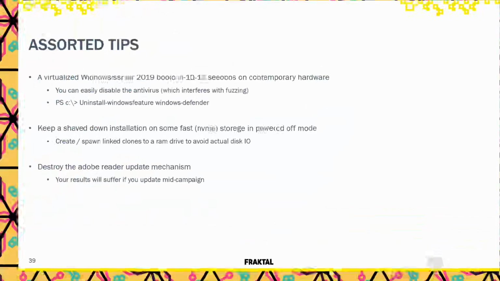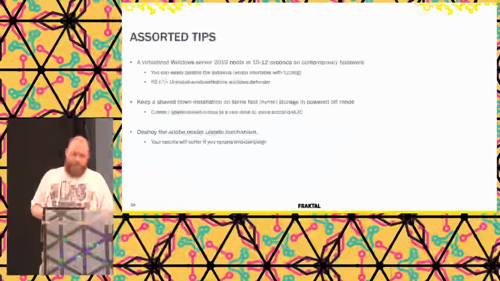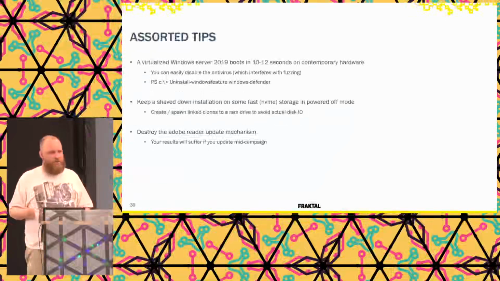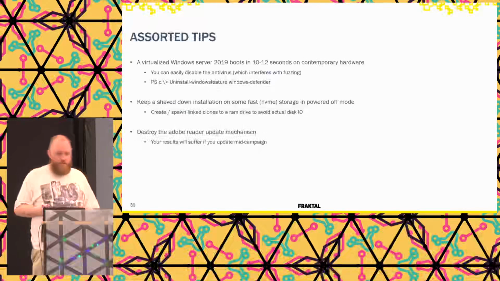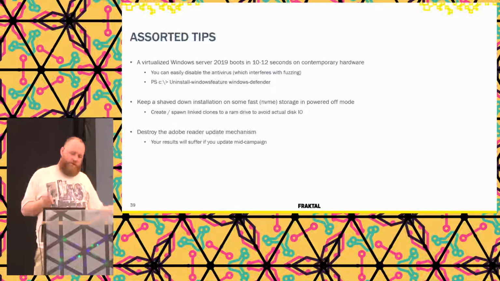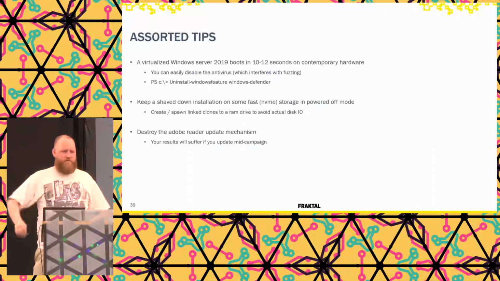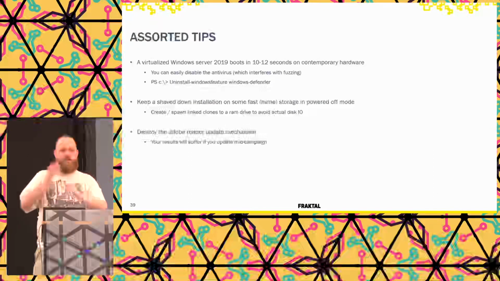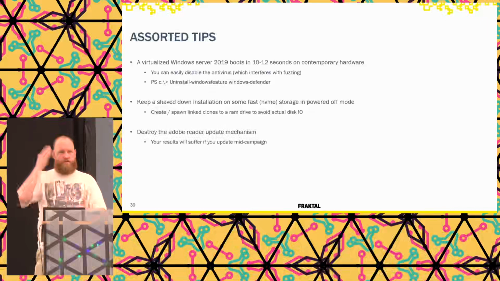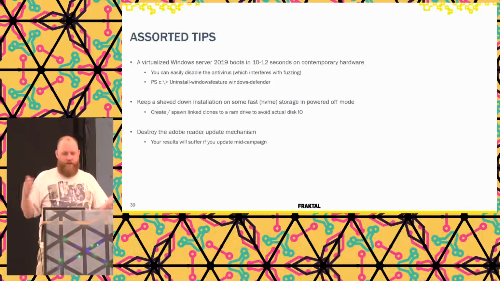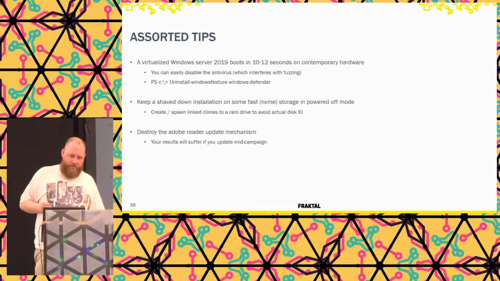When you make your fuzzing infrastructure, don't use crappy old Windows XP machines or whatever you usually use. A virtualized Windows 10 or Windows Server 2019 boots in like 10, 12 seconds. So the complete reset of state and everything until you're back and the fuzzer is running is like a 10-second job, right?